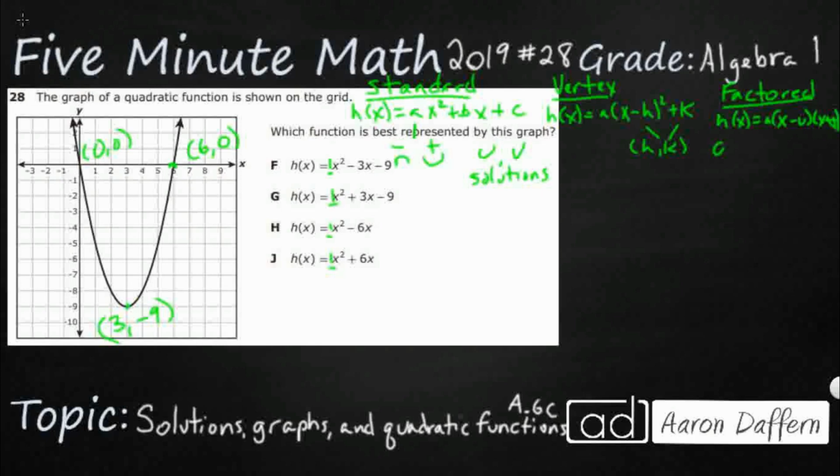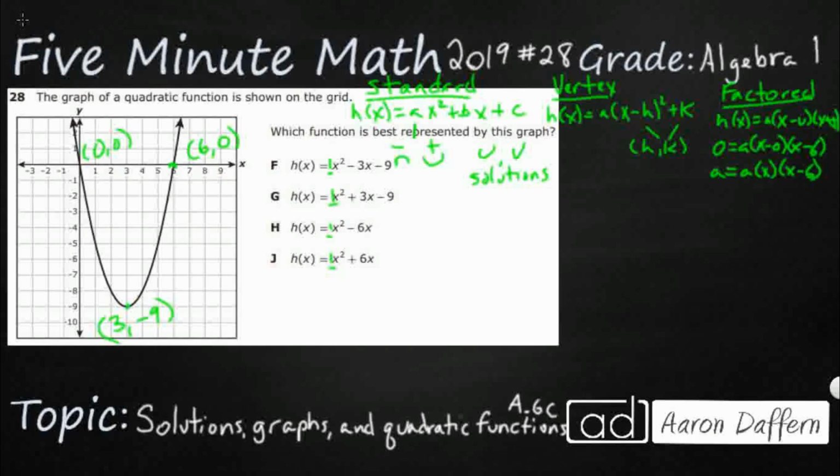So I'm just going to put that in right there, 0, and then I've got a. Still don't know what that is. So I've got x minus 0. That's just going to be x. And then x minus 6. So let's just make this a times x and then x minus 6.